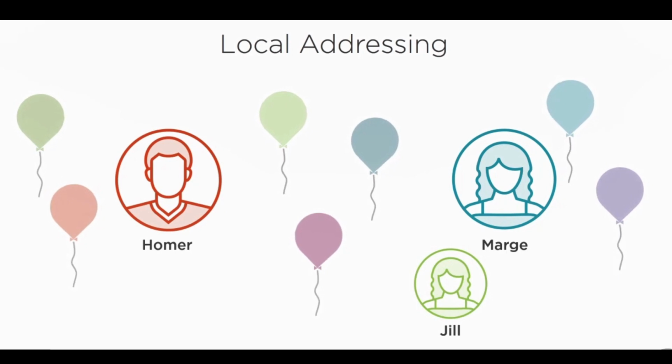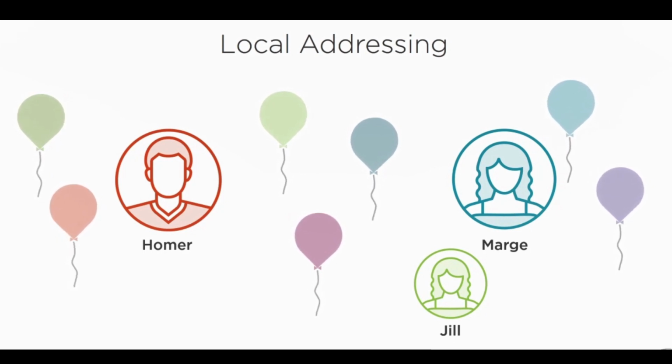Now, Homer and Marge can converse with each other because they're using a kind of local addressing. While they're at the party, Homer and Marge are going to use their names to communicate with each other, so that Homer can talk to Marge, and Marge will know that Homer is talking to Marge because Homer is using a local address of Marge, and that way Jill won't get confused and think that Homer is talking with Jill.